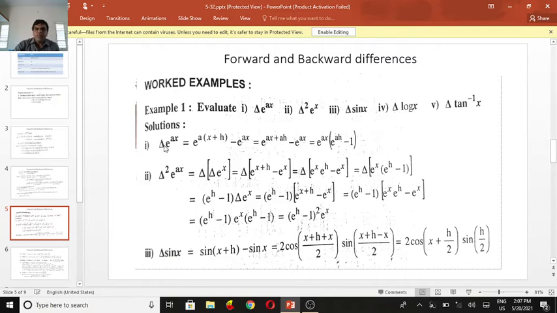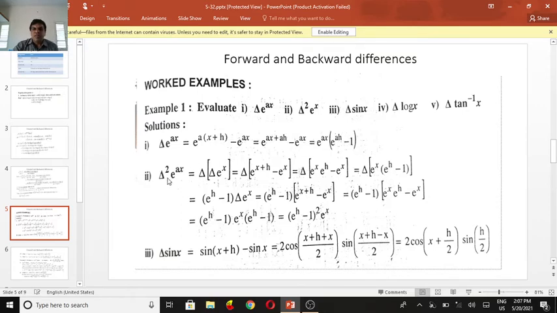If we apply Δ for e^x, replace x by x+h, where h is the interval. So e^(x+h) minus e^x. Open this: e^x e^h minus e^x. Take e^x as common: e^x (e^h minus 1).